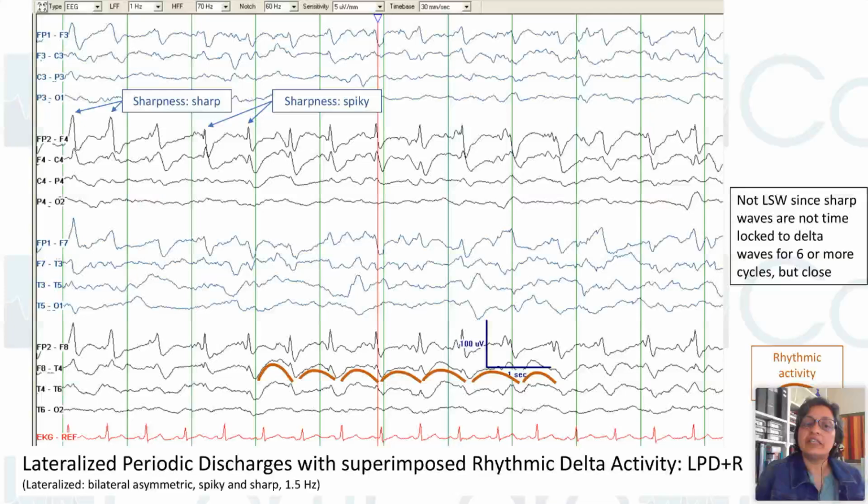There has to be 6 or more in a cycle to categorize it as rhythmic delta, and here we have about 7 of them. So if a pattern appears with rhythmic delta 6 or more times, it's safe to say that you have LPDs with rhythmic delta. But if it is less than 6, we are not going to categorize it as LPDs plus rhythmic delta.